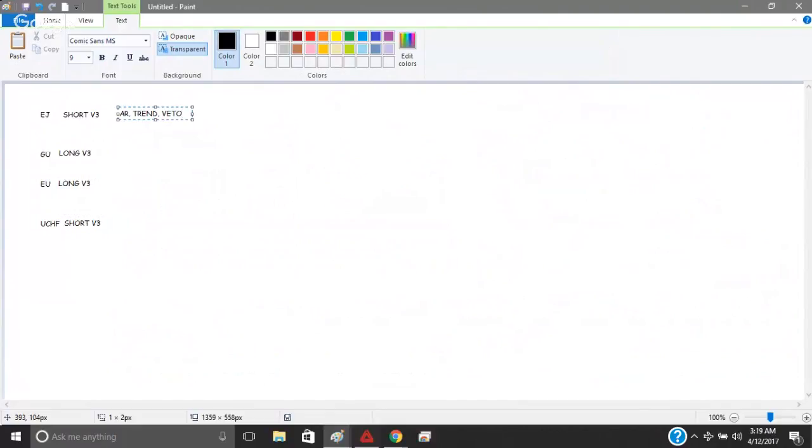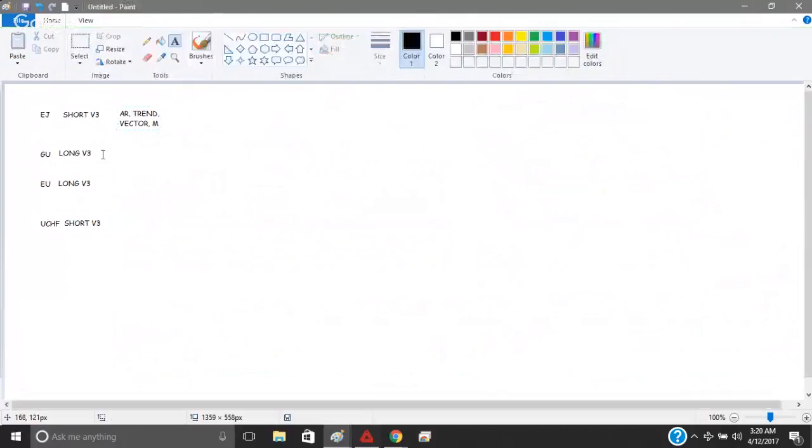Yes, it vectored. So I have my vector, I have my M. And as this trade progresses, I'm going to continue to just write these things down until I get everything that I need.